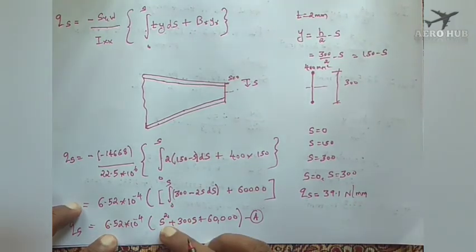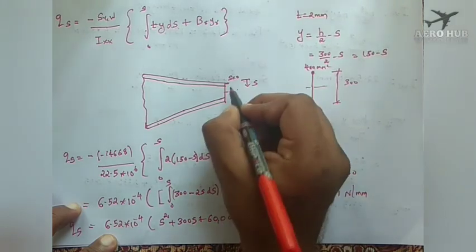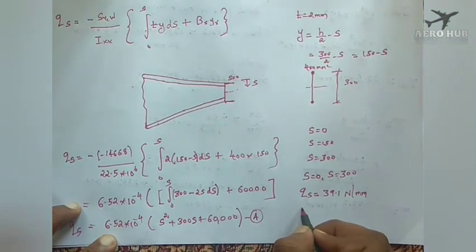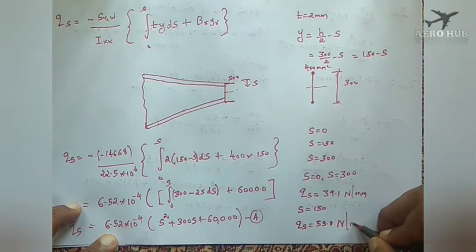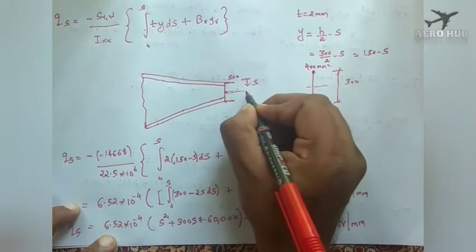And when I put s equal to 150, I get the value of qs as 53.8 Newton per millimeter. So we have the maximum value of shear flow at the center.